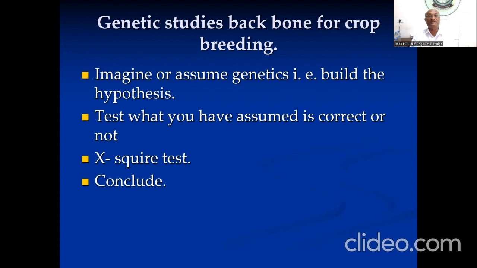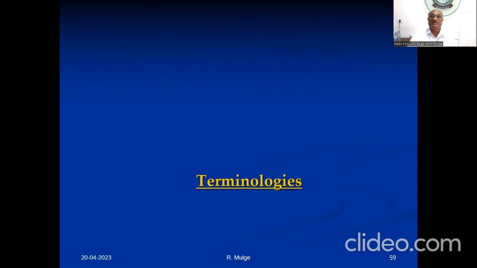Then, whatever your hypothesis, whether it is correct or not, you have to conduct the experiment, get the ratios and try to fit them to the chi-square test. Then, whether the expected ratio is true or it is a chance factor, based on that you can conclude whether it is controlled by one or two genes, or whatever digenic ratio you have assumed, that is going with your hypothesis.